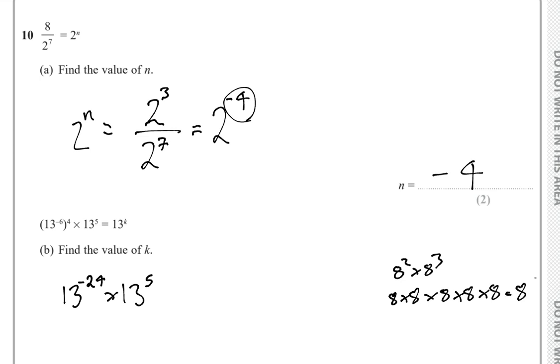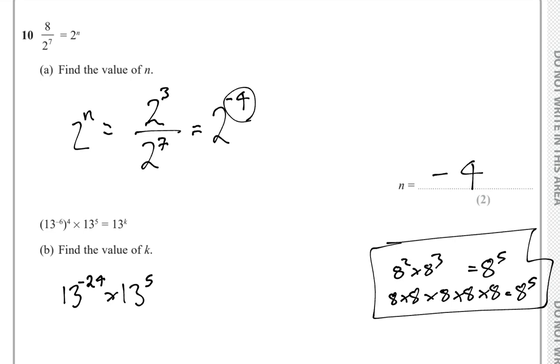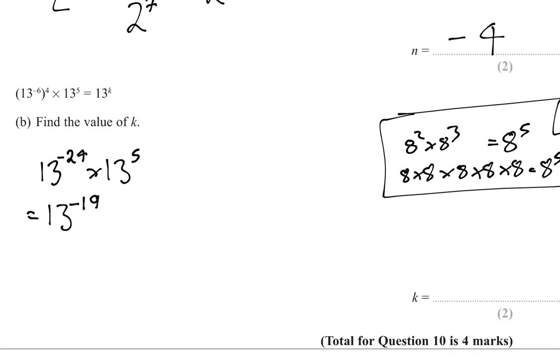So that's 8 to the 5. So you can see from that example we've got to add the powers. That's just a little aside example. So here we add the powers. So minus 24 plus 5 is minus 19. So we've got 13 to the minus 19. So what is the value of k? So the value of k there is minus 19.